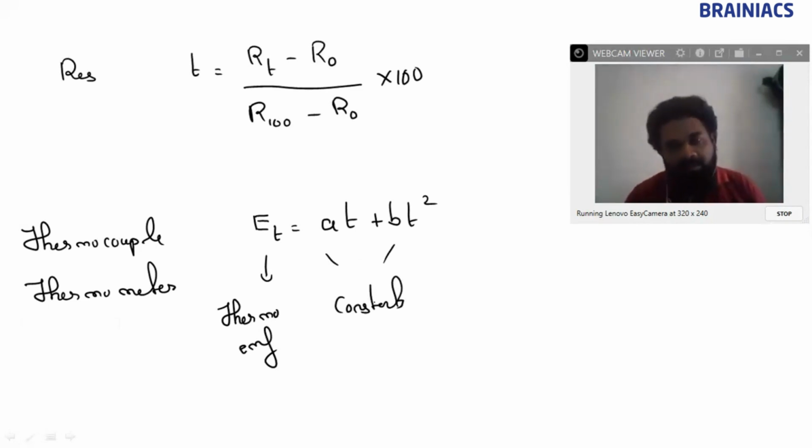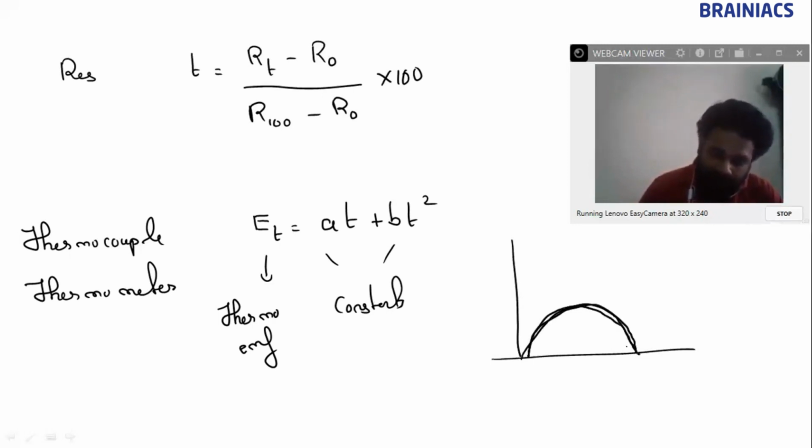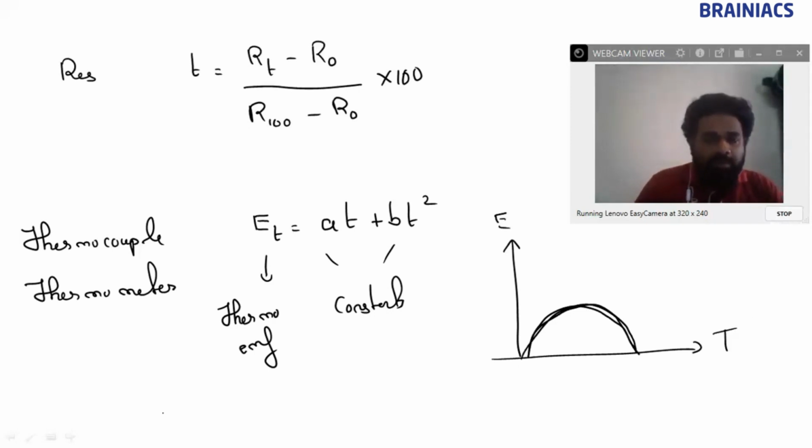So its graph also will be parabolic, because the square term is there. The graph of thermo EMF against temperature will have the shape of a parabola. So this also you can remember. Suppose this could be the graph, in this case EMF and temperature. Now we will move to the questions.